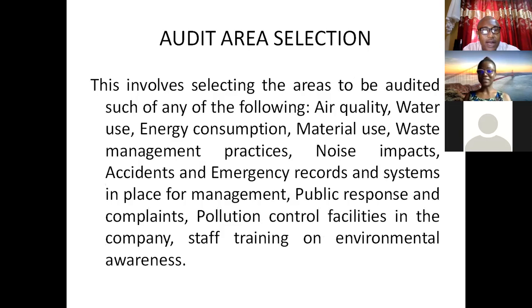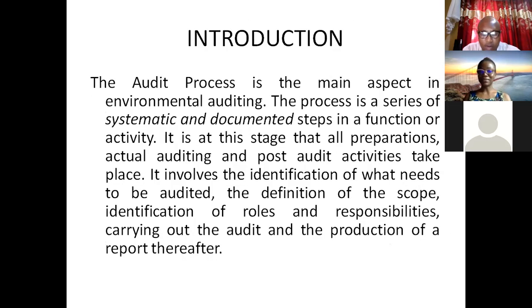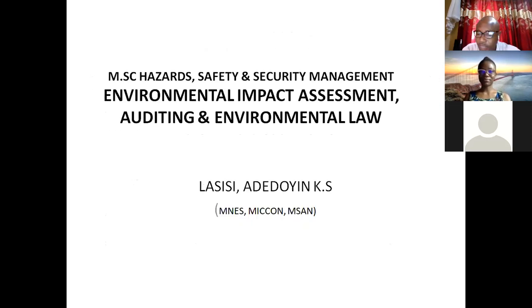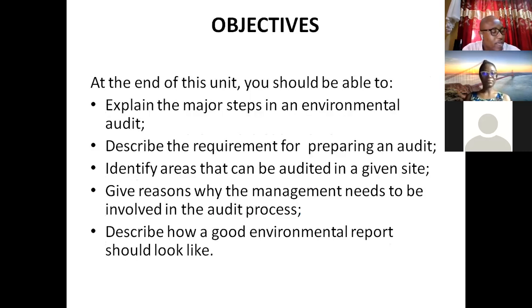I will do a recap of the lecture, and I will explain more about the checklist and the environmental audit process. So basically today, we are looking into the environmental audit process, the process itself, and why we carry out an environmental audit.